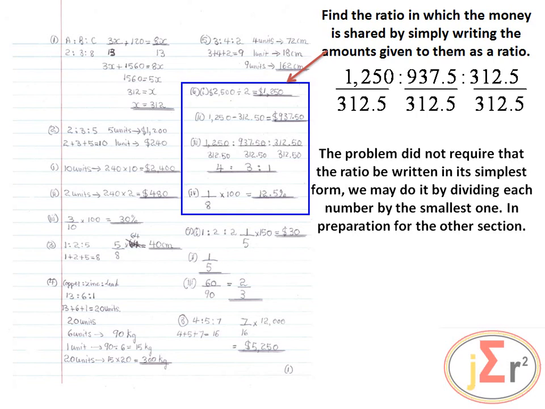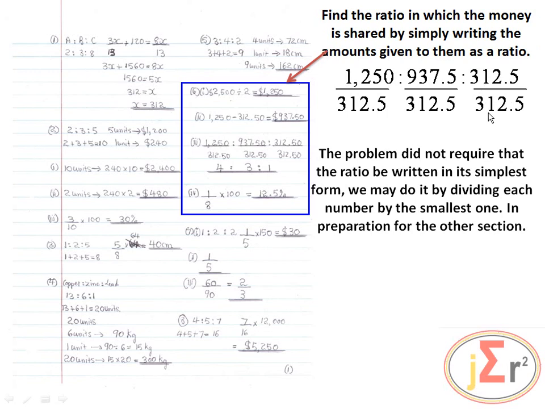But in the event that we have to do it, we will choose the largest number, which is the highest common factor of these three, and we will divide each one of them by the highest common factor. In this particular case, it so happens that the highest common factor is actually the smallest one.